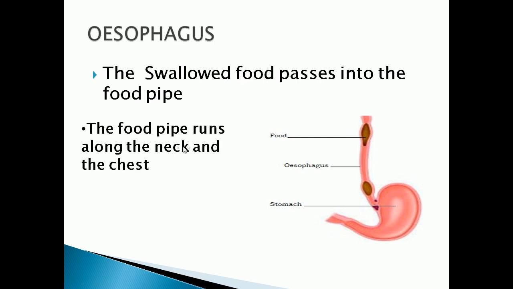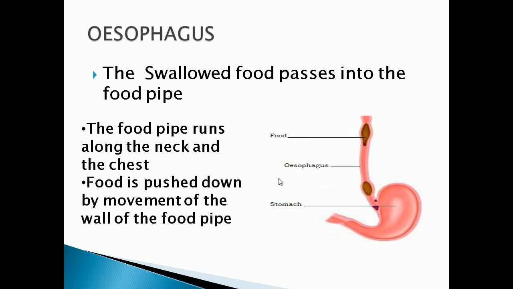The food pipe runs along the neck to the chest. Food is pushed down by the movement of the wall of the food pipe. The food pipe has walls which push the food into the stomach.